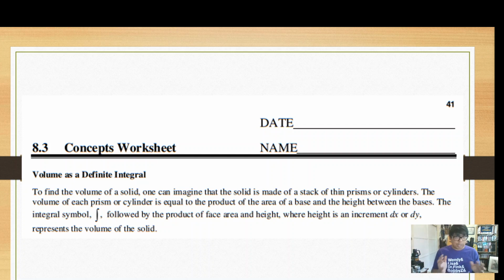So integration is, one way to look at it, just another fancy way of adding a bunch of stuff together. Now, when you approach it as a prism or a cylinder, the height of that cylinder, the very small slices, is going to be either a dy or a dx.